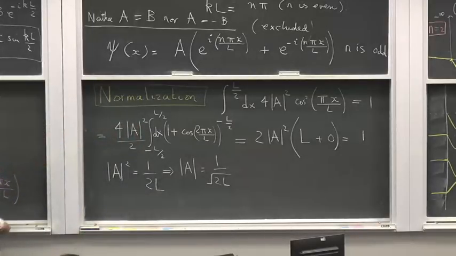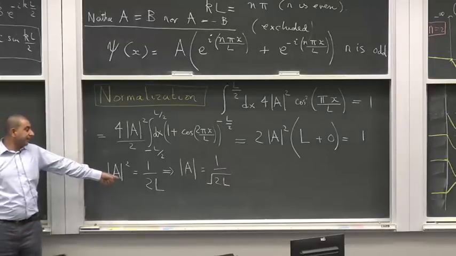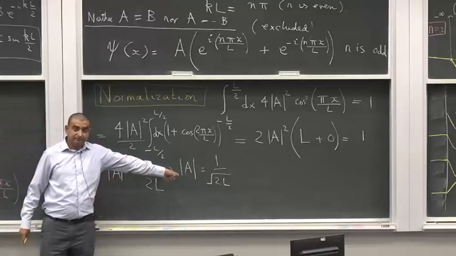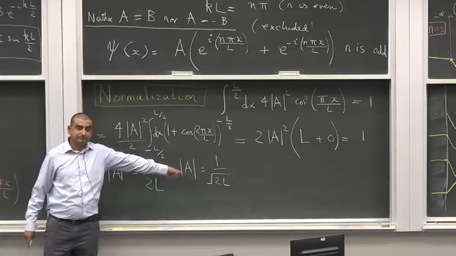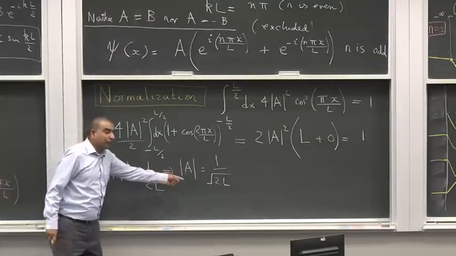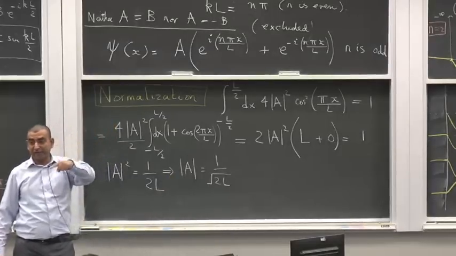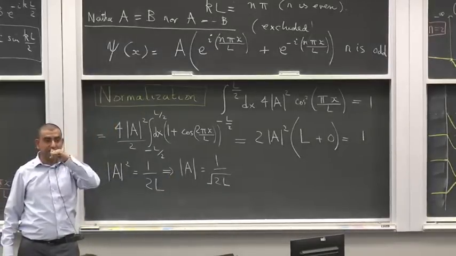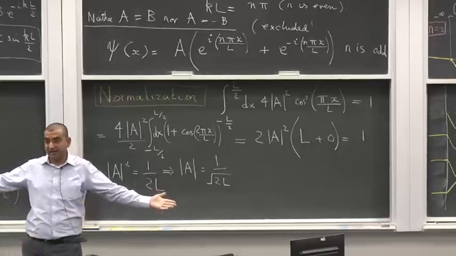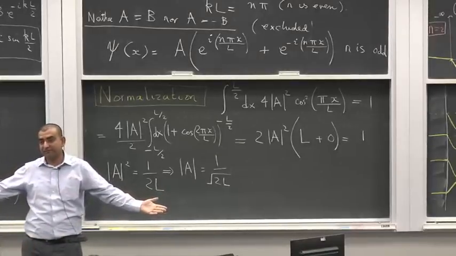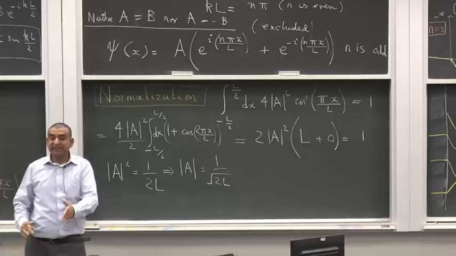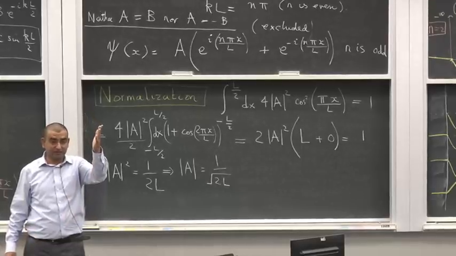Alright? So this is my value of A. Now will this value of A hold for other wave functions, for n equals 2, n equals 3, n equals 4 as well? It's going to be the same A for all the wave functions, because there's nothing special about the A's in the other wave functions.